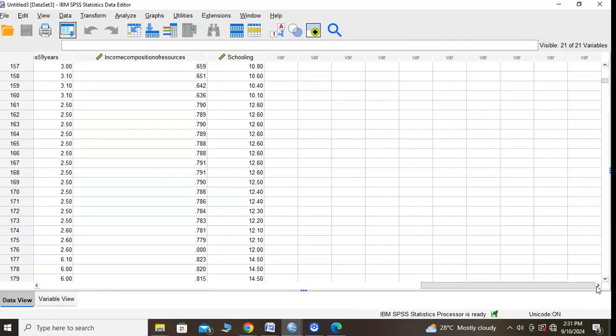I set life expectancy as the dependent variable and selected the following independent variables: GDP, adult mortality, immunization rates for both DPT and hepatitis B, and the literacy rate. Then I clicked OK to run the regression analysis.